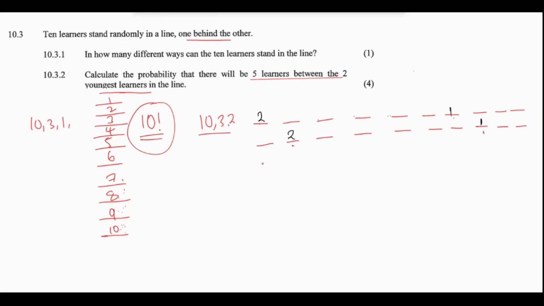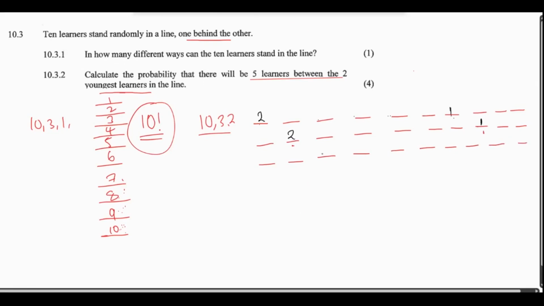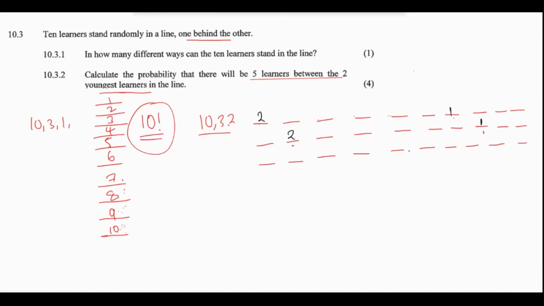Third situation: 1, 2, 3, 4, 5, 6, 7, 8, 9, 10. They can take slot number 3 and slot number 9. So we have 2 choices here. If one of them occupies the third slot, then we only have one learner to take the ninth slot.